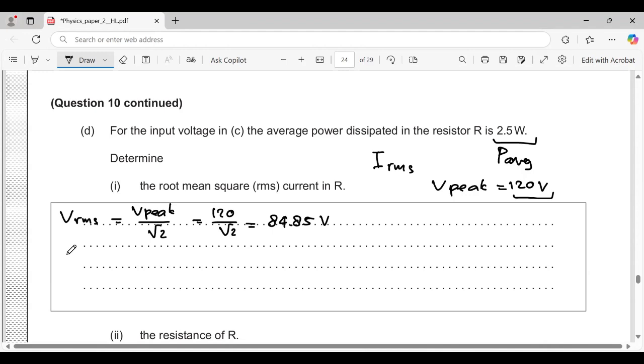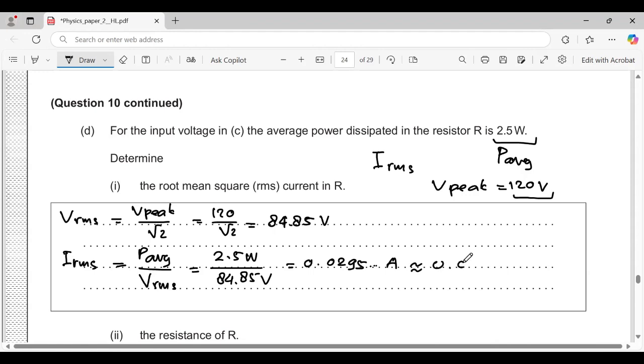And the root mean square current, or I RMS, equals P average divided by the potential difference RMS, 2.5 watts divided by 84.85 volts, 0.0295 amps. Round off becomes 0.029 amps.